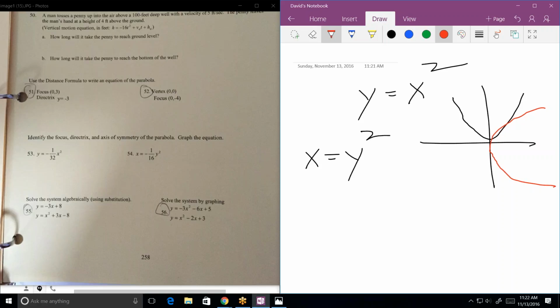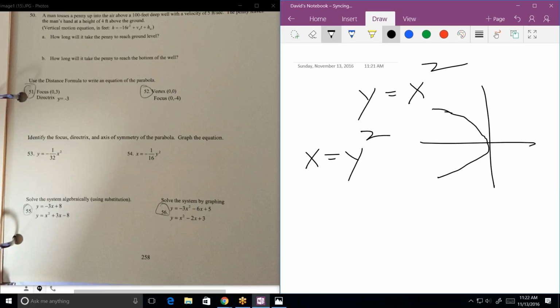We also know that the vertex is still the origin. With a vertical parabola, the negative sign means pointing down. With a horizontal parabola, the negative sign means opening to the left instead of to the right. So this is pretty much what our parabola is going to look like.